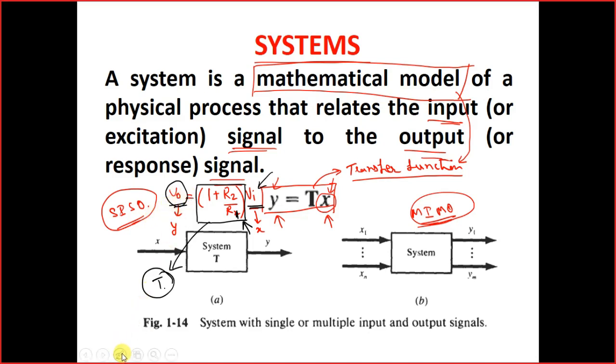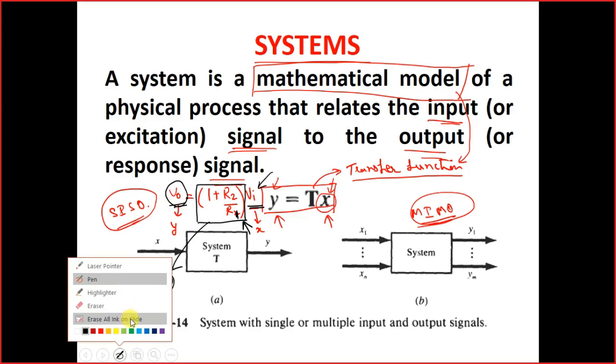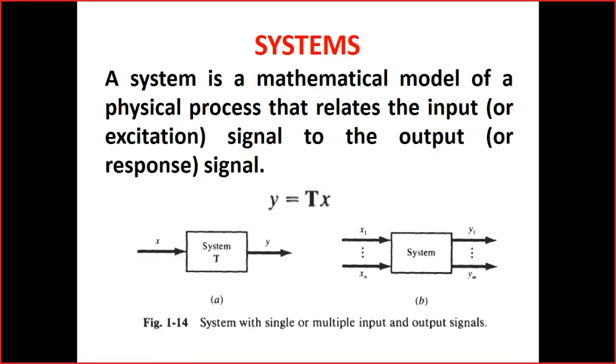Now we may have systems where we have different inputs given to a particular system. Say for example, in the biomedical industry we have a very common device known as a multi-parameter monitoring system.